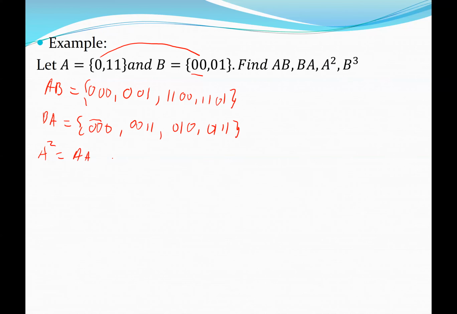So again, A equals 0, 1, 1, and then A equals 0, 1, 1 again. So you just map it by itself. So you're going to have 0, 0, 0, 1, 1, and then 1, 1, 0, and then 1, 1, 1, 1.